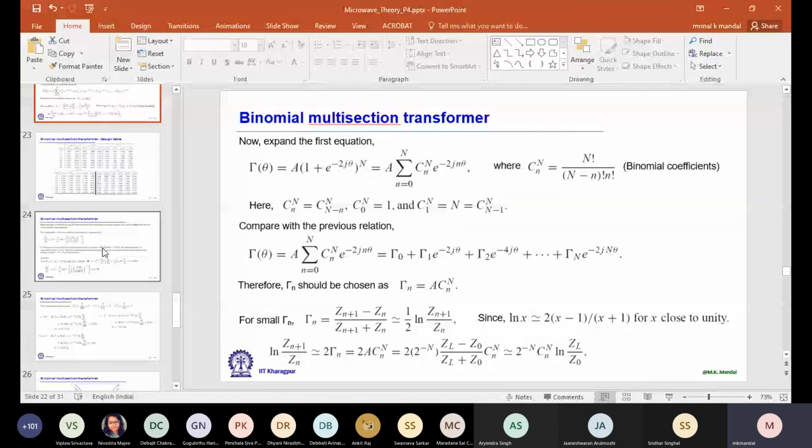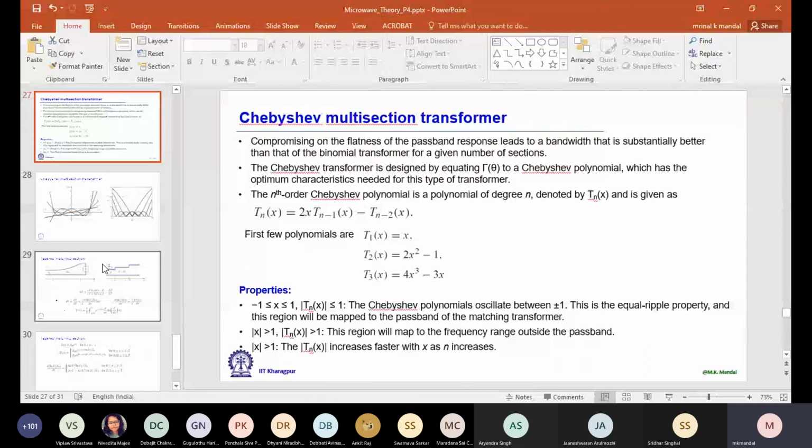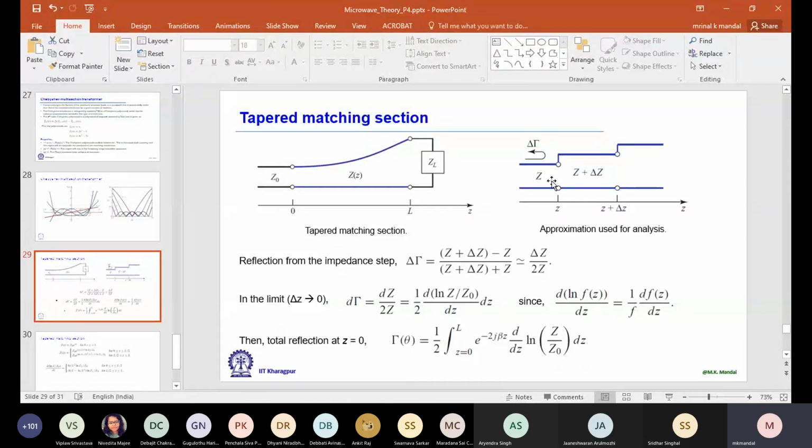Now we consider that instead of varying them in steps, I am continuously varying the characteristic impedance. Then we call it a tapered matching section, Z0 to Zn. It can be done easily in microstrip line. In microstrip line, you know that if I change W, then the characteristic impedance changes.